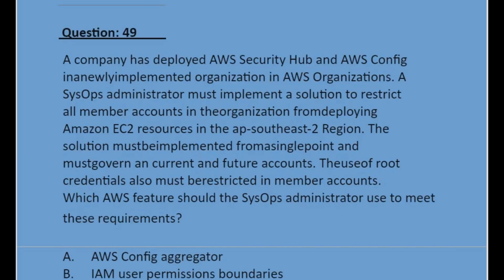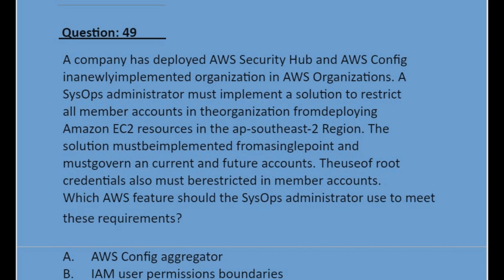Question is, a company has deployed AWS Security Hub and AWS Config in a newly implemented organization in AWS Organizations. A SysOps administrator must implement a solution to restrict all member accounts in the organization from deploying Amazon EC2 resources in the ap-southeast-2 region.